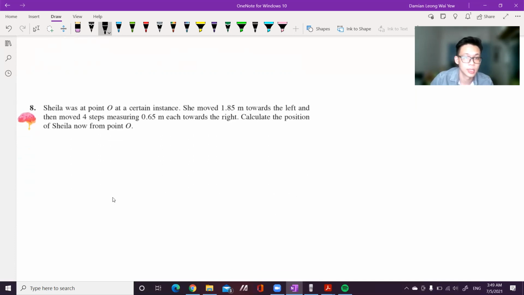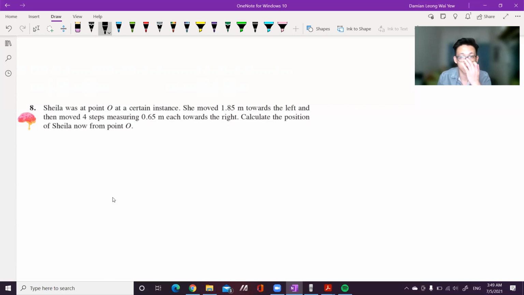Question 8. Sheila was at point O at a certain instant. She moved 1.85 meters towards the left and then moved 4 steps, measuring 0.65 meters each towards the right. Calculate the position of Sheila now from point O. Let's take O as point 0. Left we count as negative, right we count as positive.